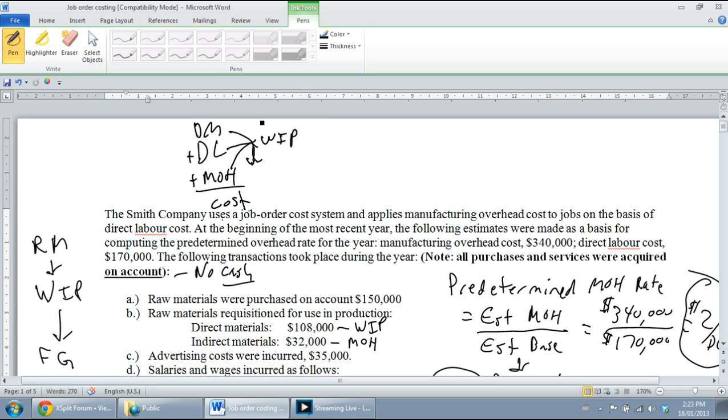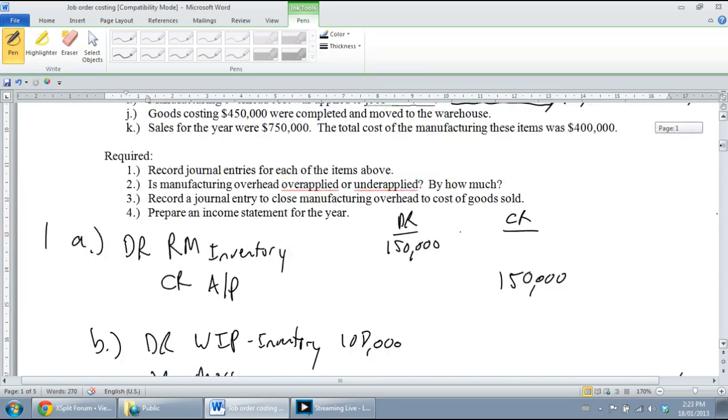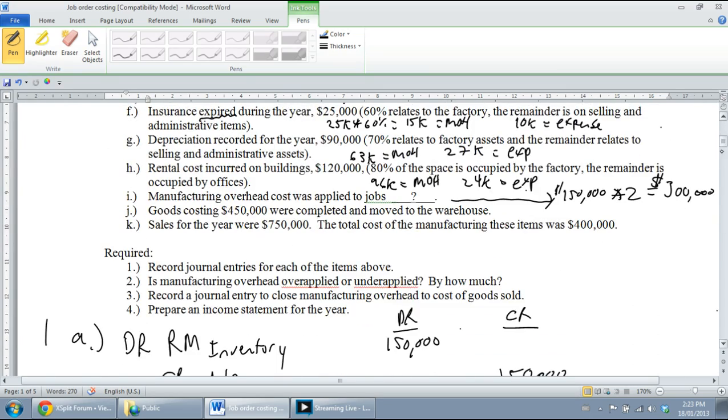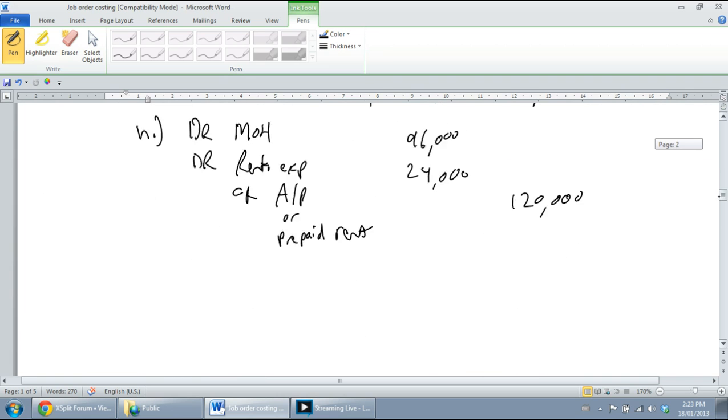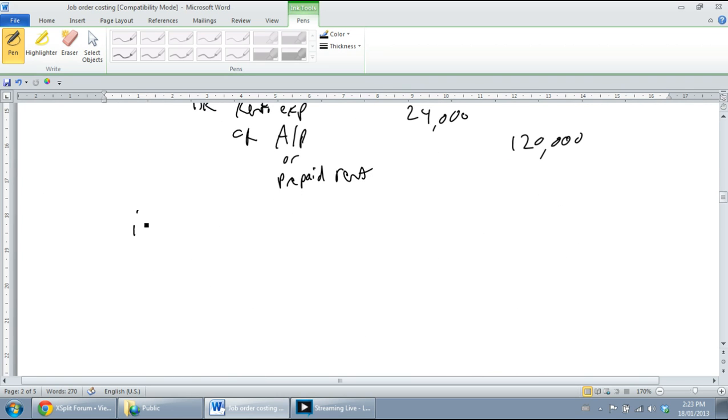Well, same thing's true when we put the overhead cost. We're going to debit WIP. So how much should I debit WIP for? Well, we've just said $300,000. So let's go on to part I. We're going to debit WIP, work in process inventory, for $300,000.